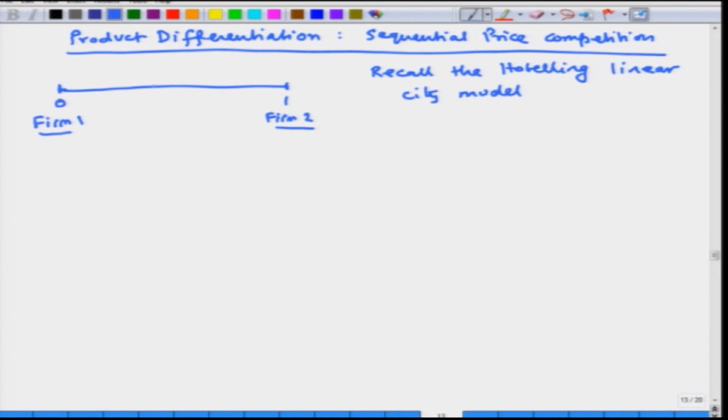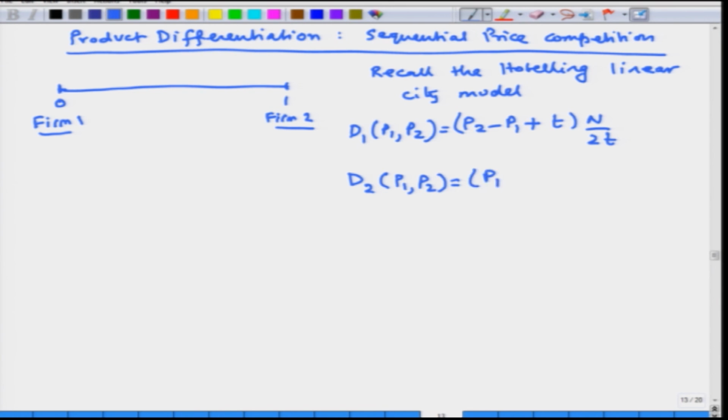We found the indifferent customer, then we found that all customers to the left of that indifferent customer go to firm 1, and all those to the right go to firm 2. We had D1 of P1, P2 equals (P2 minus P1 plus T) times n upon 2T, where n is the total number of customers. The demand for firm 2 is (P1 minus P2 plus T) times n divided by 2T.